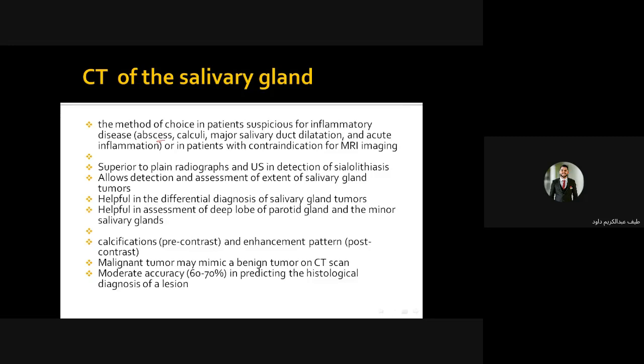And sometimes we could differentiate between the different types of tumor. Even the calcification, sometimes it is not considered to be typically found for the diagnosis, but we need it for further histological analysis or histopathological examination of the salivary gland.